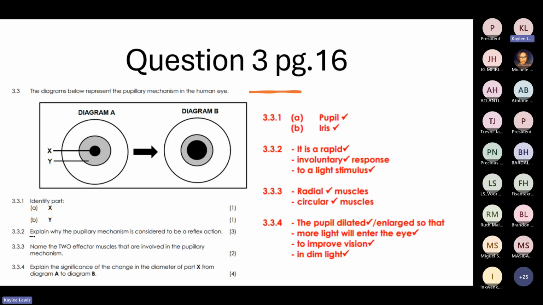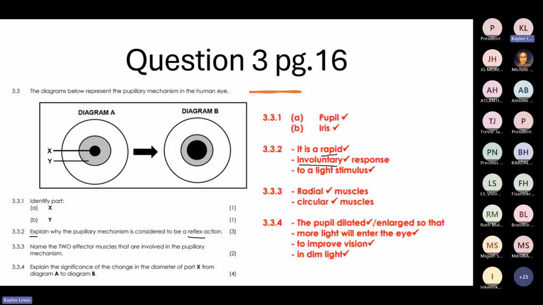Remember, it's an explain why it's a reflex action. So you would start off by saying it's a rapid, they would also accept quick, and it's an involuntary response. So you don't have conscious control over it. So it's a rapid or quick involuntary response.